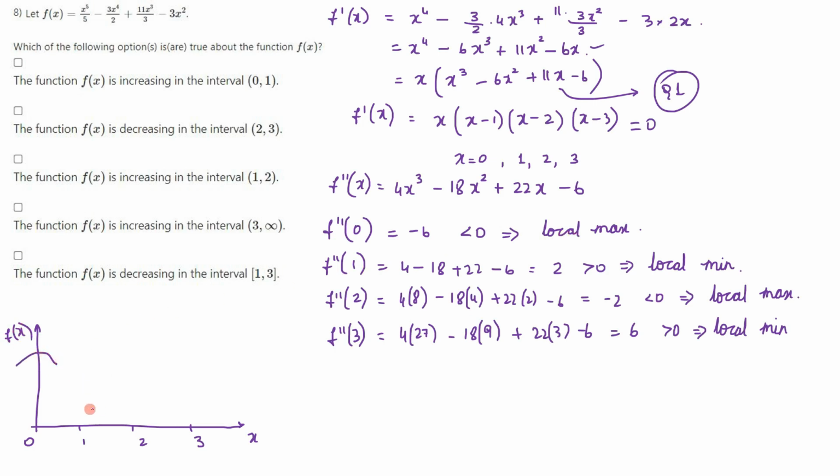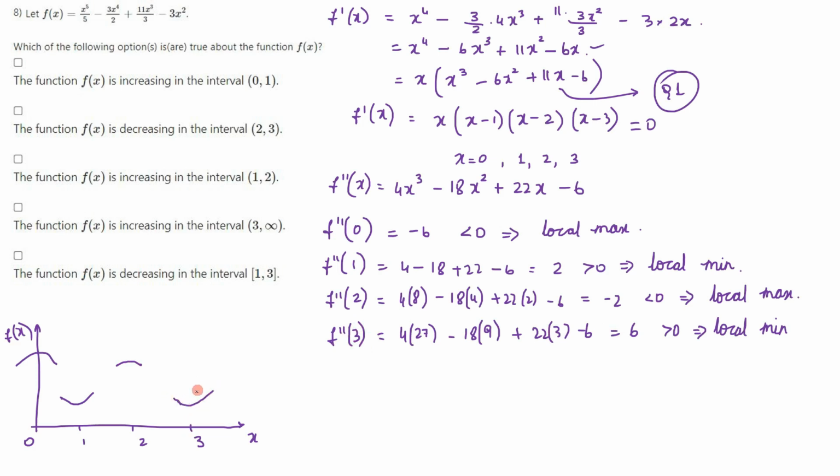I don't know how the graph behaves from 1 to 0, but I'll have a local minimum at x equal to 1, meaning that I'll have a trough here, right? And at x equal to 2, I'll have again a local maximum, meaning that I'll have a crest here. At x equal to 3, I'll have a local minimum, meaning that I'll have a trough here.